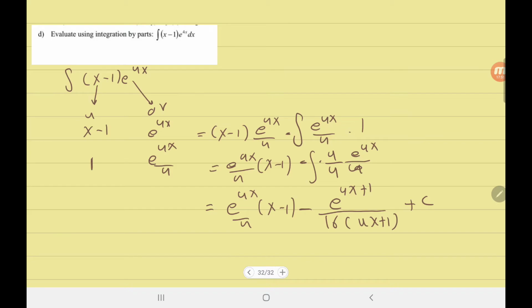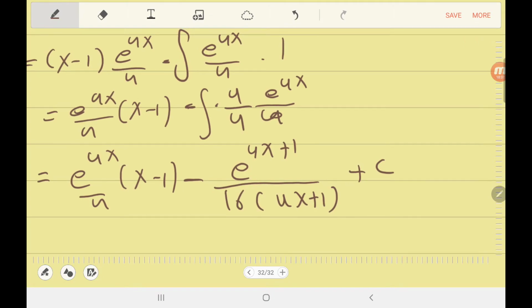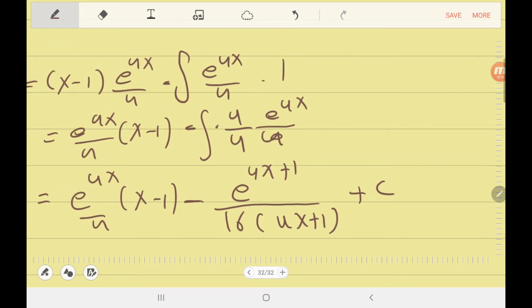Hopefully, yeah, that's it. So integration of 4x, but I can't remember the integration, one second. What if it's integration of x? Just one second, I want to check something here.